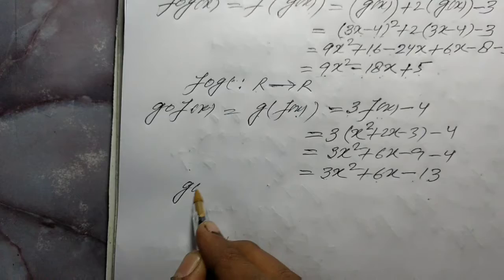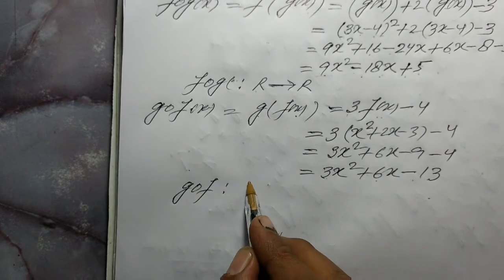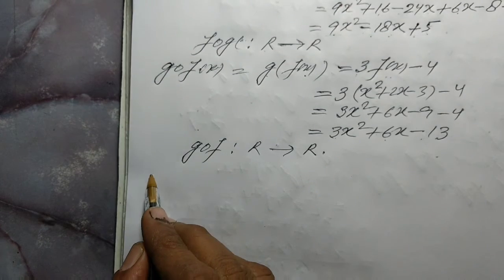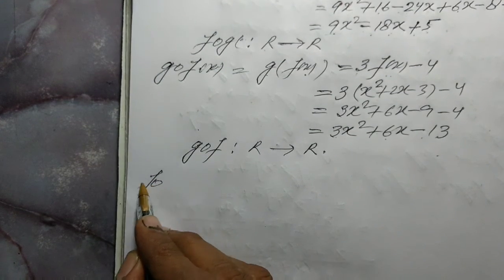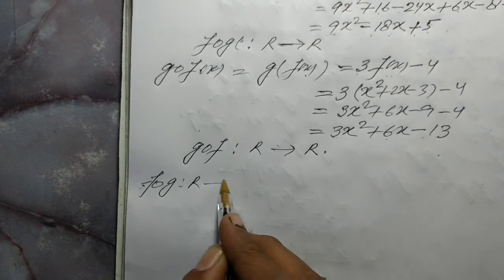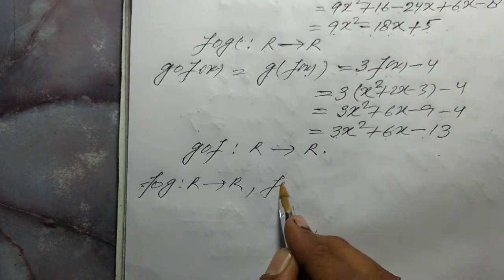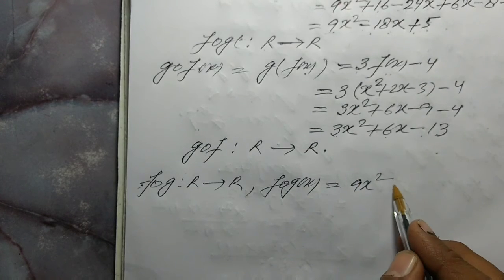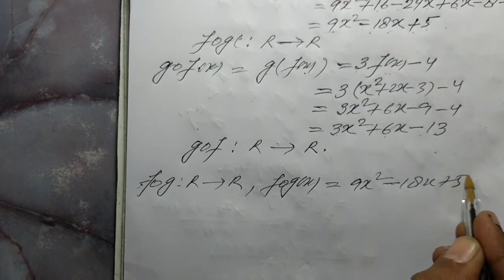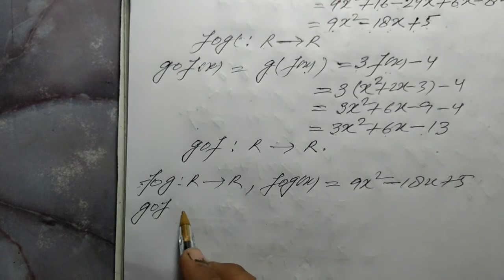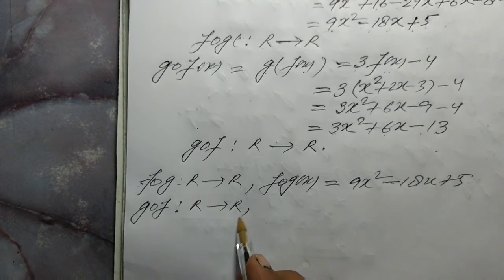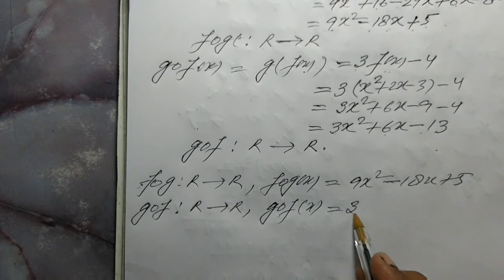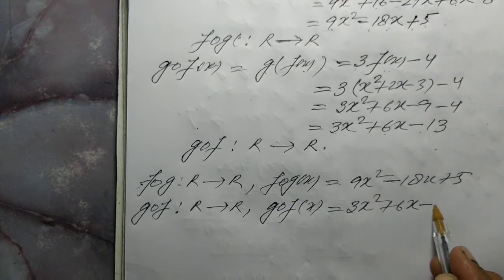So gof is also a function from R to R. Finally, fog is a function from R to R, and fog(x) is equal to 9x square minus 18x plus 5, and gof is a function from R to R defined as gof(x) is equal to 3x square plus 6x minus 13.